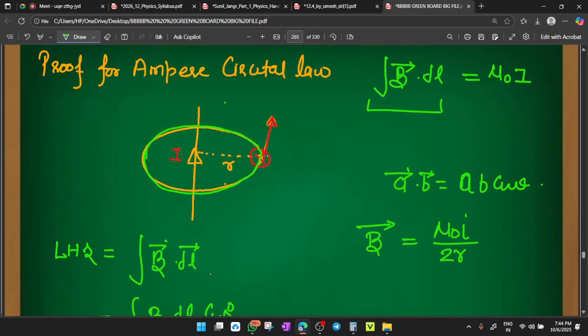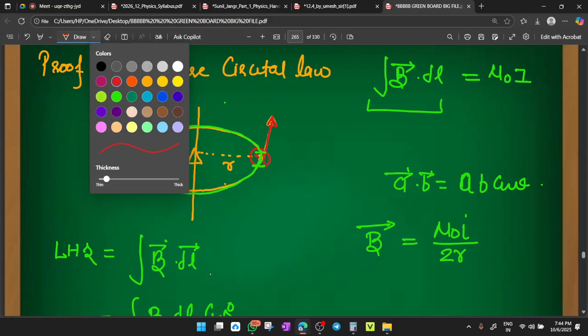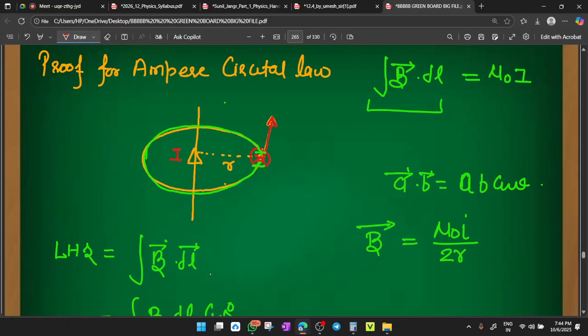Why? You see at this part the dl length vector, a very small length vector, is just along the direction of the magnetic field, because the magnetic field is going into the plane. In the same direction this length vector is going.